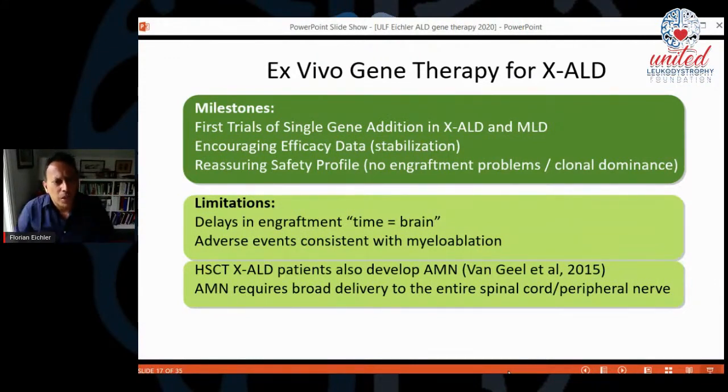And we also know that adrenomyeloneuropathy can occur after bone marrow transplantation. And so we think we need a different approach that requires broad delivery to the entire spinal cord and peripheral nerve. And for the sake of time, I will just highlight the new modality that we're employing and then open up to questions. Next slide, please.